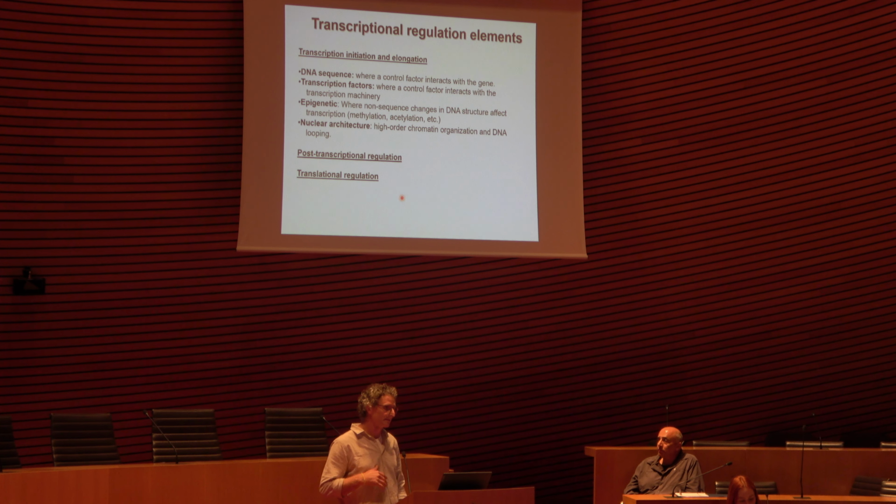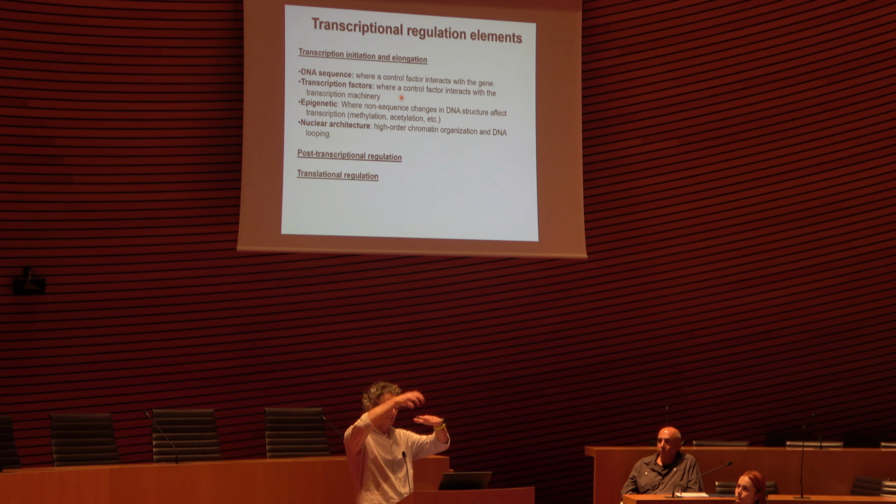If we are breaking this into different steps, and we're focusing now only on transcription initiation and elongation. So again, the DNA sequence contains the template and the motif that the transcription factor will recognize and can bind to.